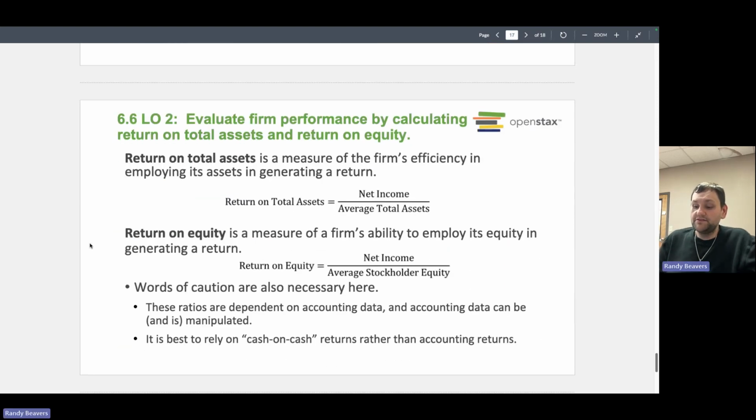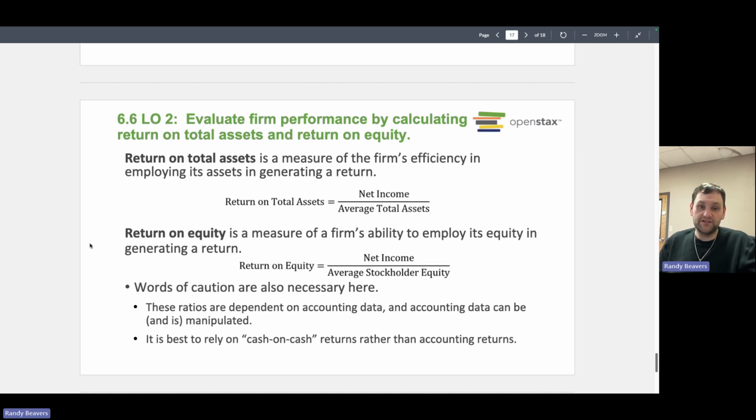The profitability ratios also encompass our return ratios. So return on total assets is a measure of the firm's efficiency in employing its assets and generating return. Return on equity is a measure of a firm's ability to employ its equity while also generating return. So return on total assets is the net income divided by the average total assets.